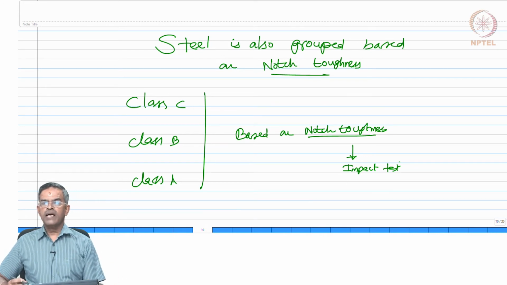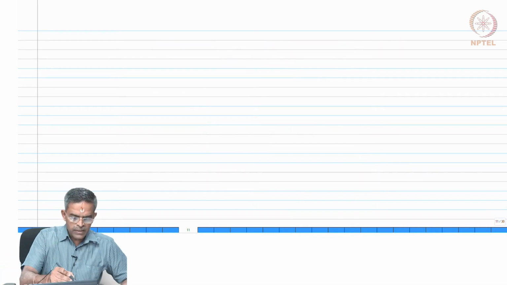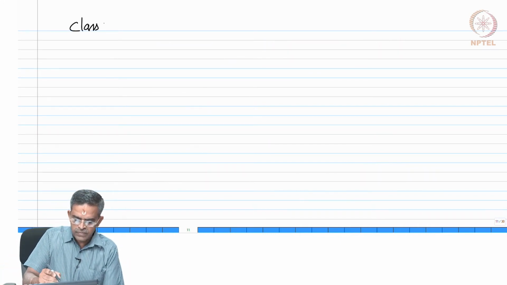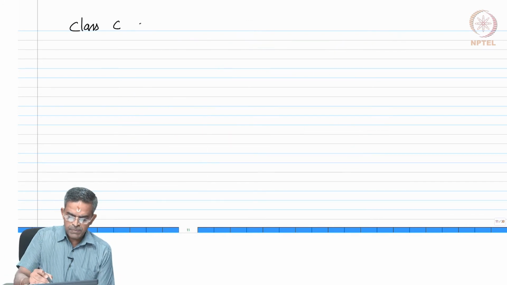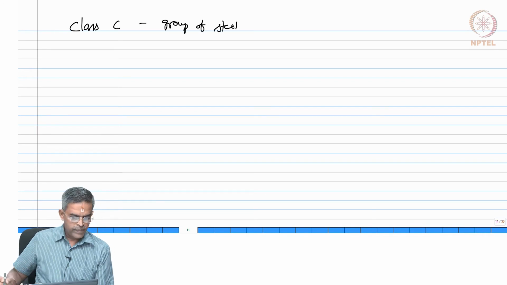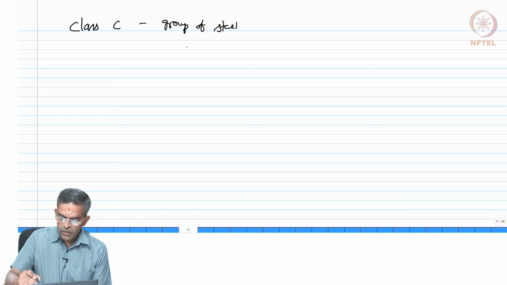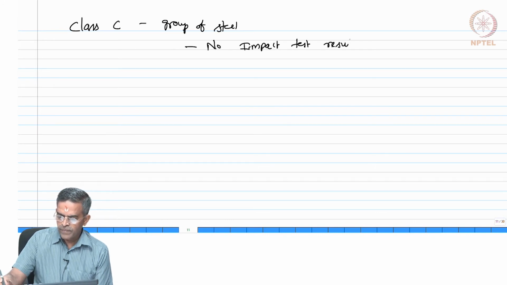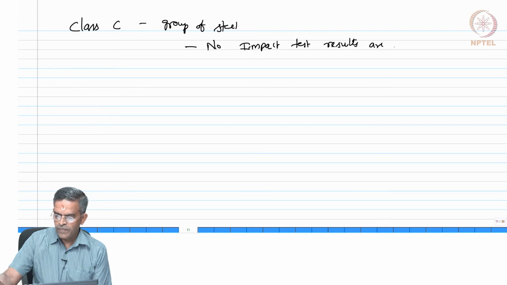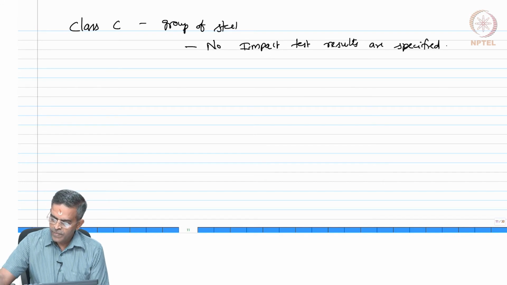Let us see what this class refers to. Class C refers to a specific group of steel where no impact test results are specified explicitly by the codes.